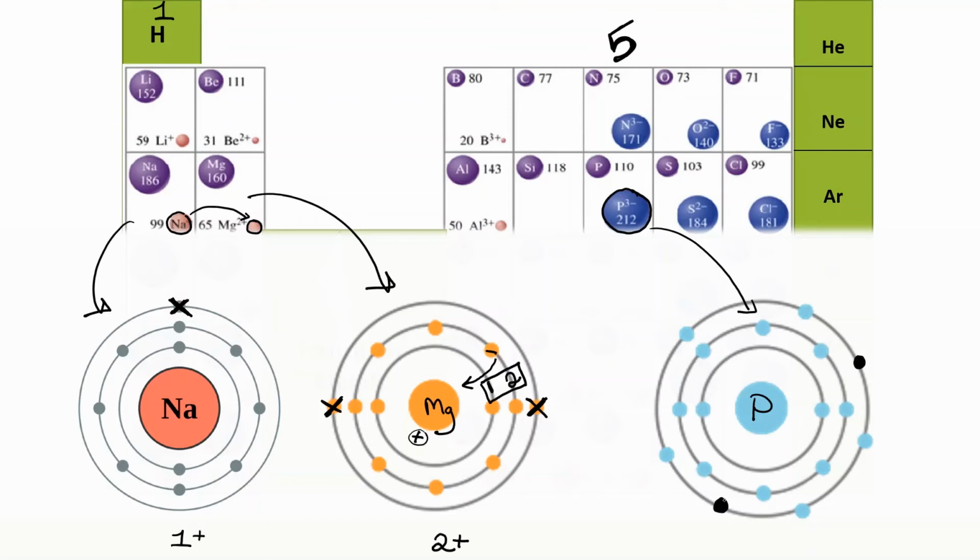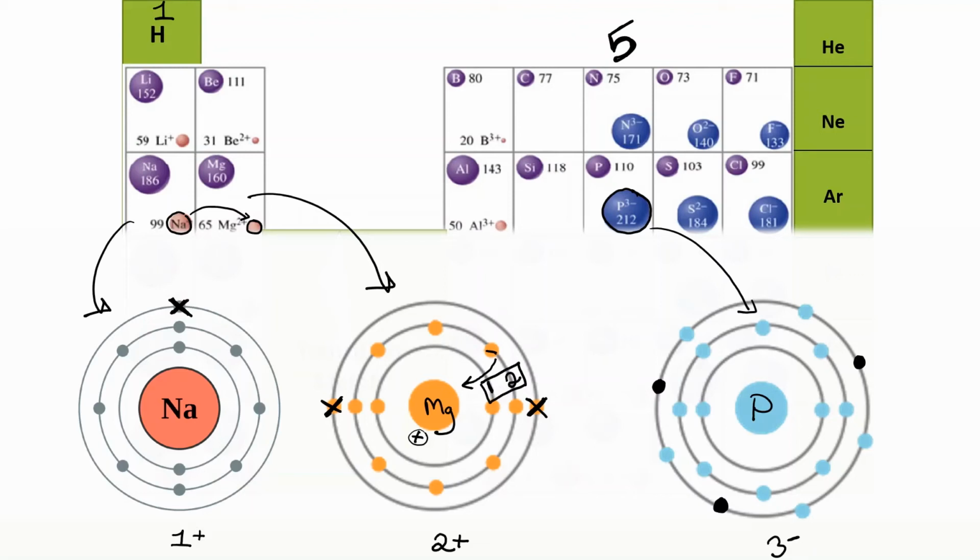Ions will form because elements want to be stable. So phosphorus is going to want to gain 3 electrons. So this is the ion that phosphorus will want to form. And this makes a nice little 3 negative ion.